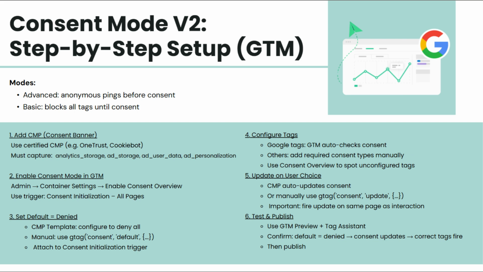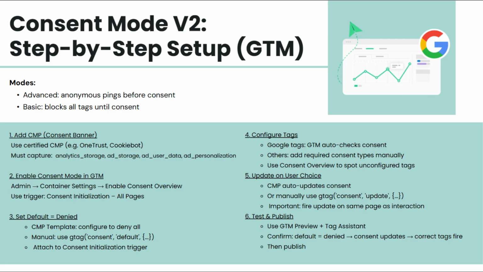One more advanced note. Basic versus advanced mode configuration. If you intend to use basic consent mode, meaning no data collection at all until consent, you need to ensure that your tags don't even send the anonymous pings. In GTM, that could mean not firing certain tags until consent granted triggers occur. Many CMP templates allow choosing advanced or basic.